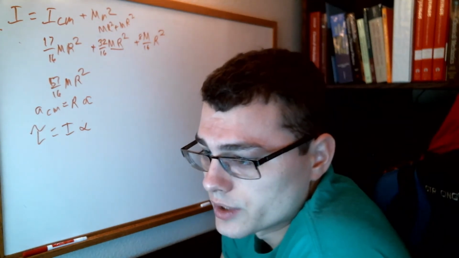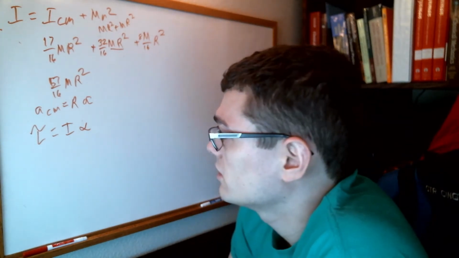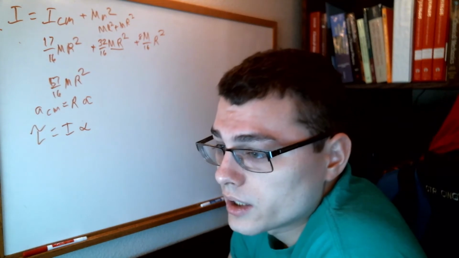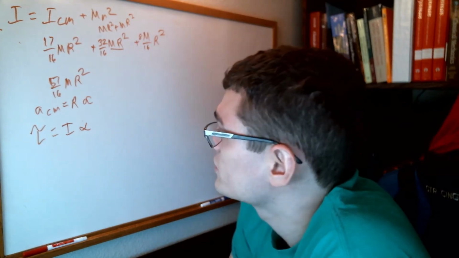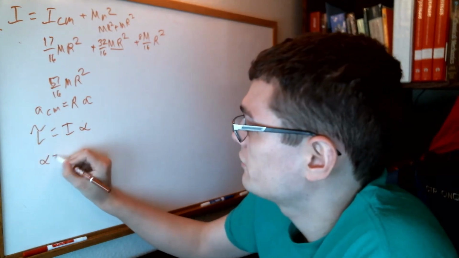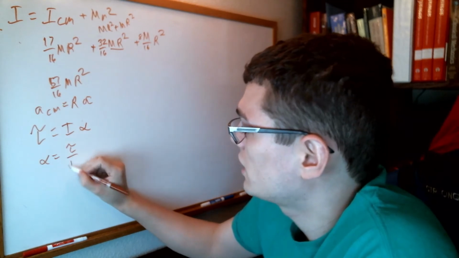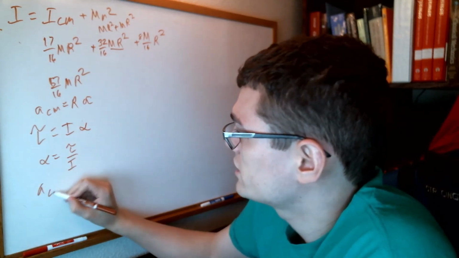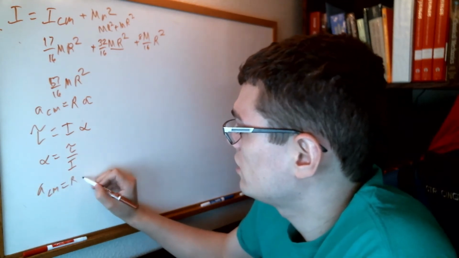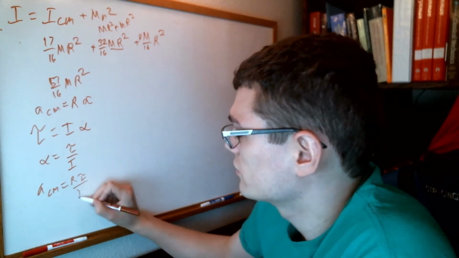Then we can solve for a_CM by making a little substitution, saying that alpha is equal to T over I. And so a_CM is going to be equal to R T over I.